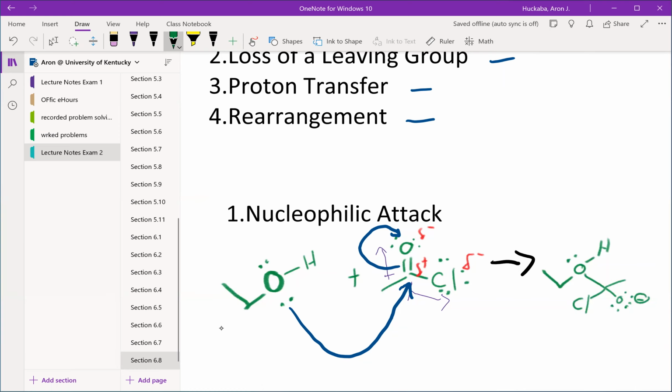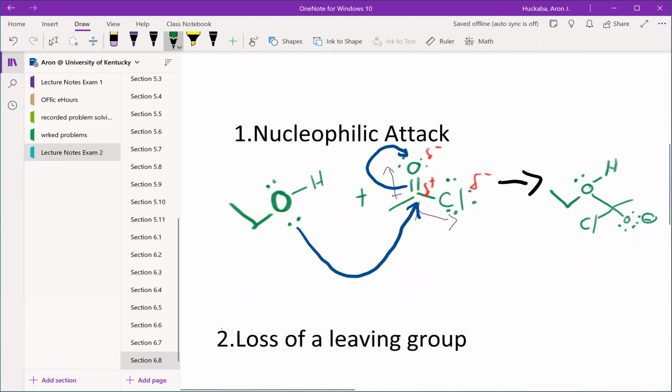So that's one type of nucleophilic attack we can have. We can also have perhaps just a negative charge of a nucleophile attacking a positive charge.